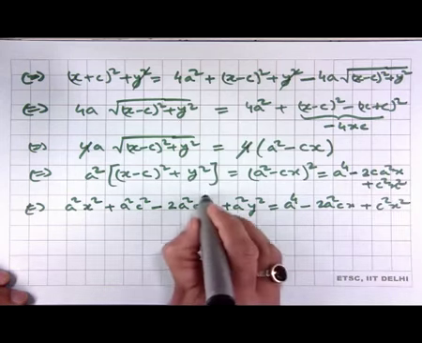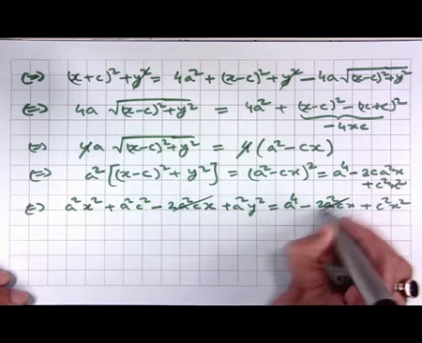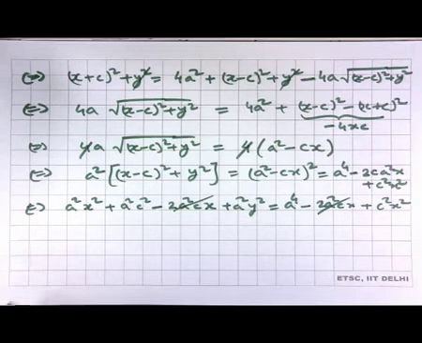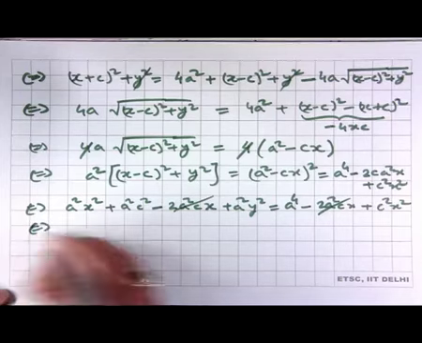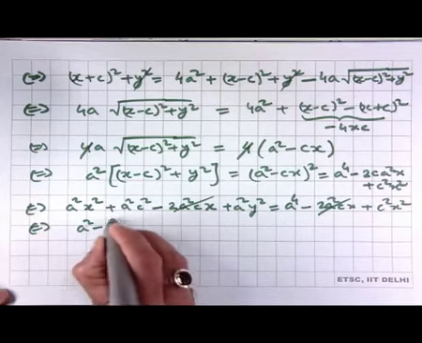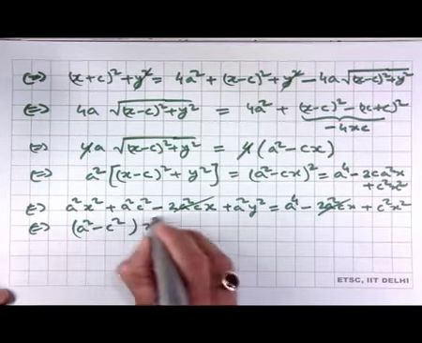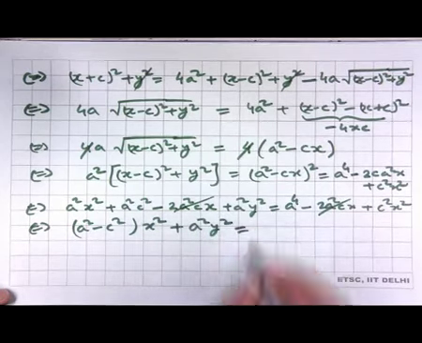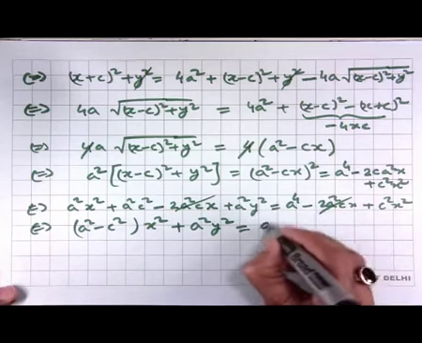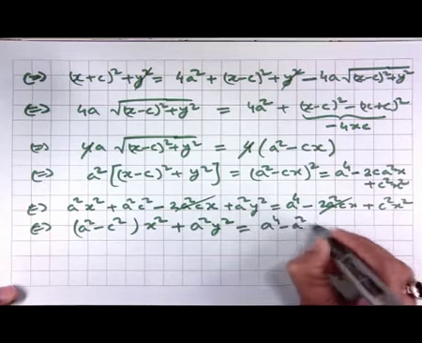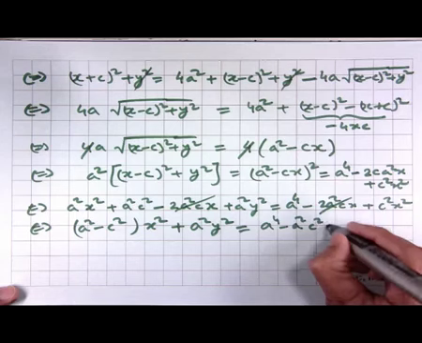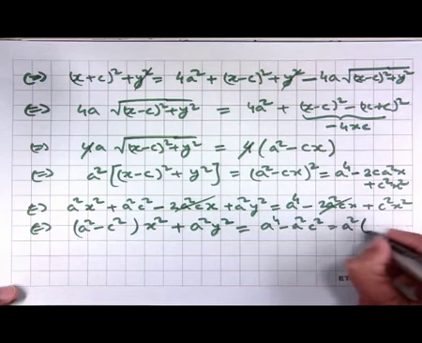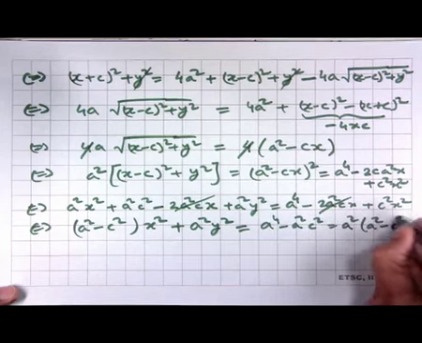We can cancel this term 2a square cx, and then we get (a square minus c square) times x square plus a square times y square equal to a to the 4 minus a square c square, which is a square times (a square minus c square).